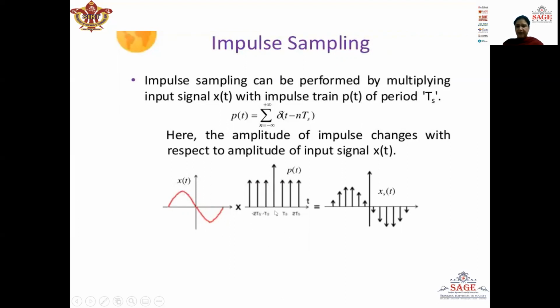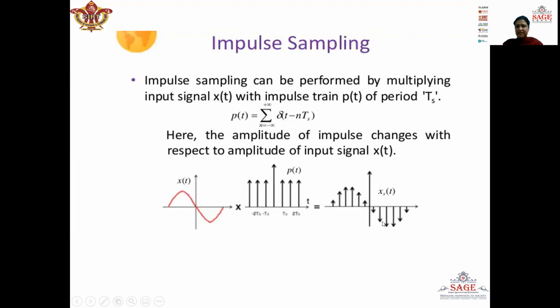It is multiplied by a periodic signal, which is a train of impulses located at an interval of Ts. When we get the product of these two signals, we get a train of impulses, again located at an interval of Ts, but the amplitude of the impulses is no longer constant. It varies according to the amplitude of the message signal.